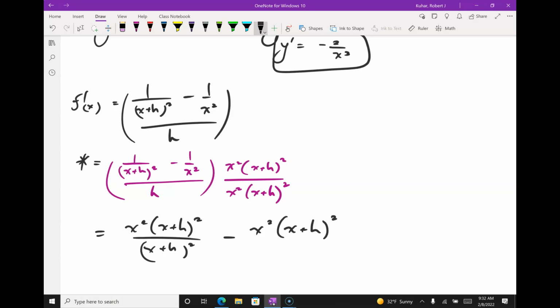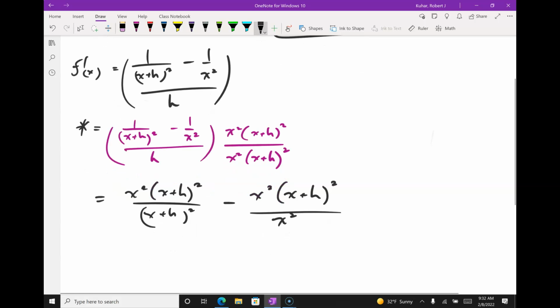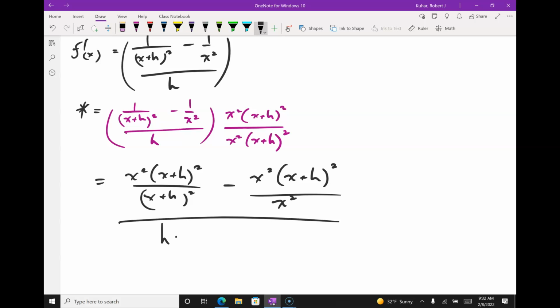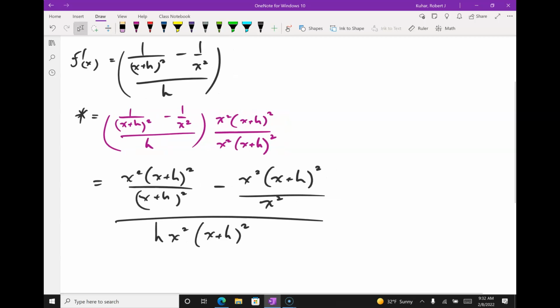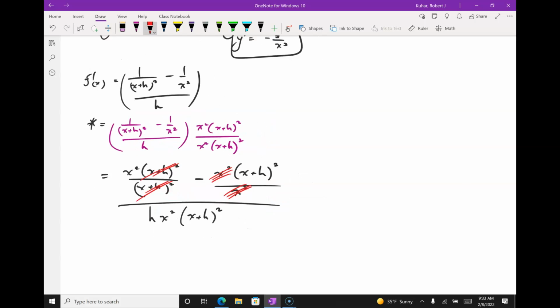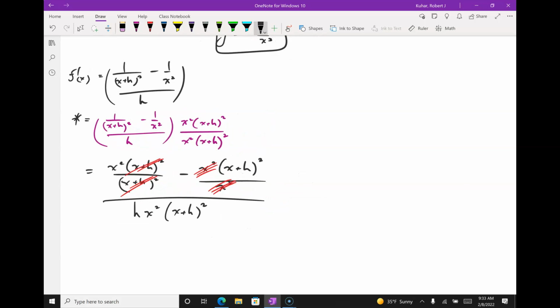You should be racing me, not copying me. So the x plus h quantity squareds go away, the x squareds go away, and I'm rewriting and I'm taking my time, right?